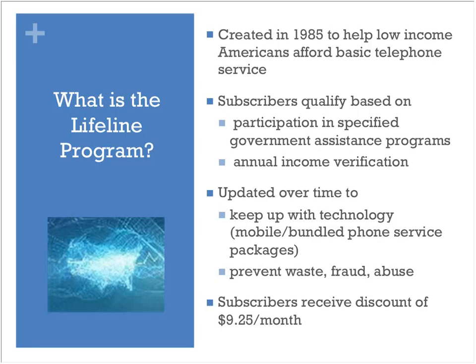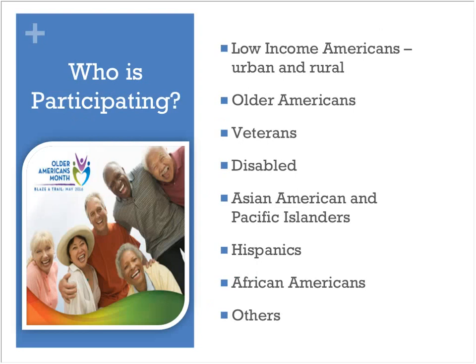So if people are already enrolled in one of these low-income programs, then they're eligible for this benefit. The other way is just a straight sort of income verification, and we'll talk a little more about that. The other thing to bear in mind is that the discount is $9.25 a month. That's currently in effect, and that will remain the same for the foreseeable future. Anyway, there's no plans to change the dollar amount.